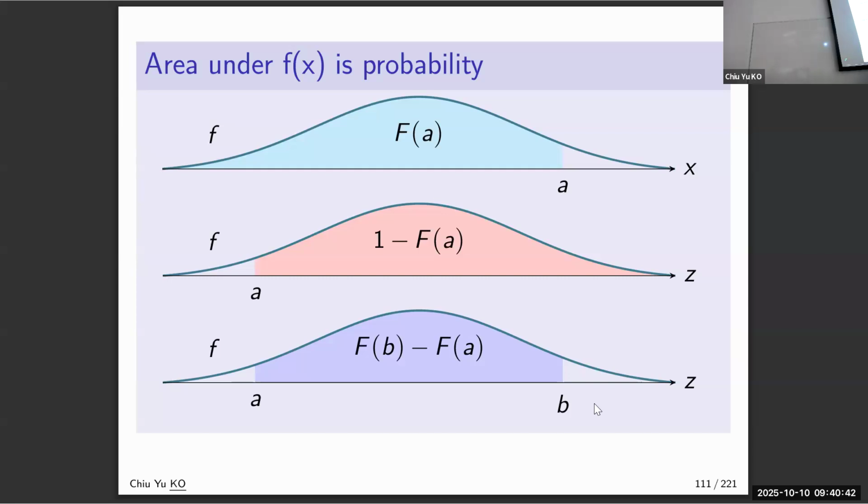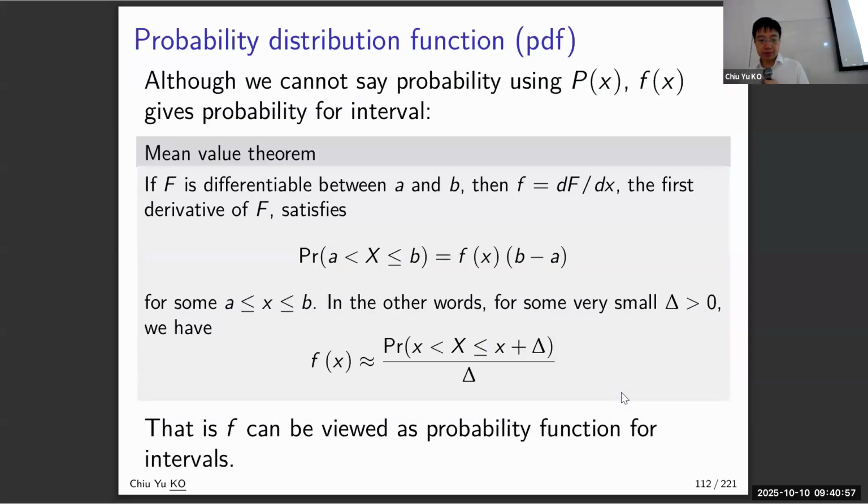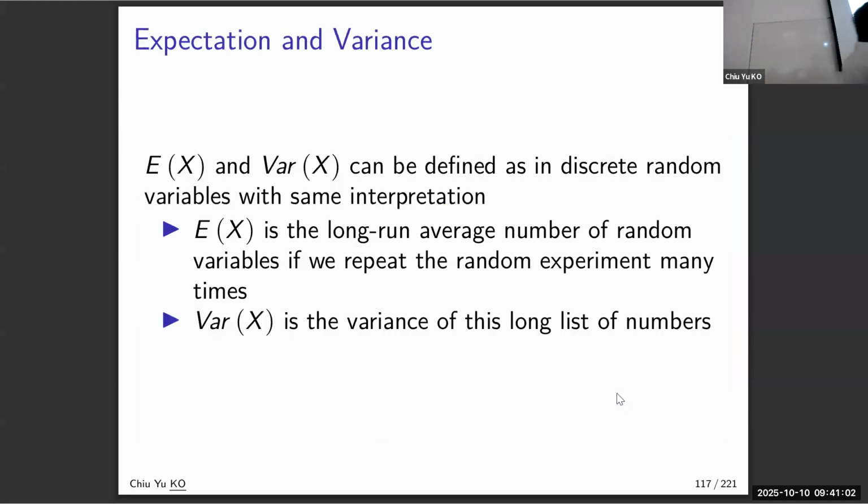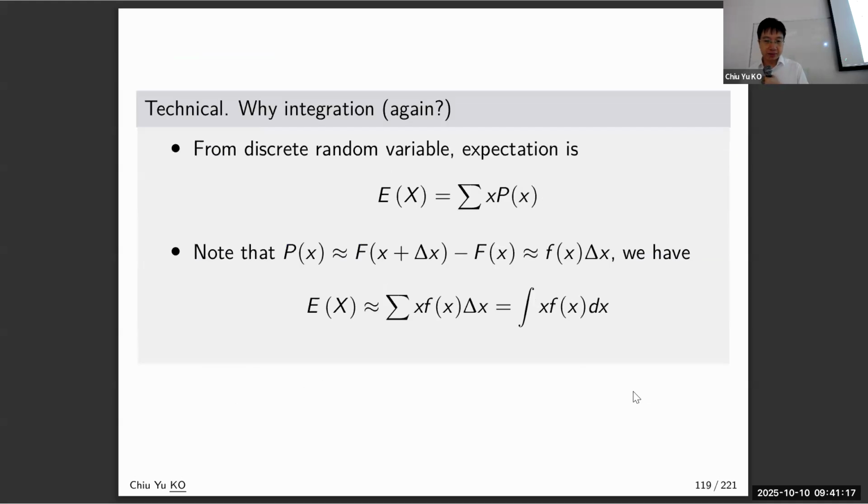To remind you, this is the result from calculus, because it's always possible to find a small f to represent a big F as long as it's differentiable. The expectation and the variance follow the same idea as in the discrete case, which I'm not going to repeat. You will see the same math: the linear property and the quadratic idea about the variance all hold the same.